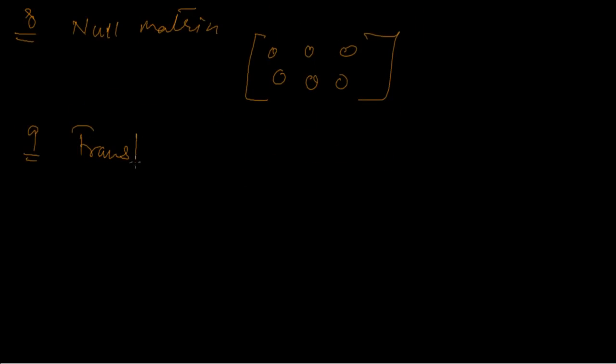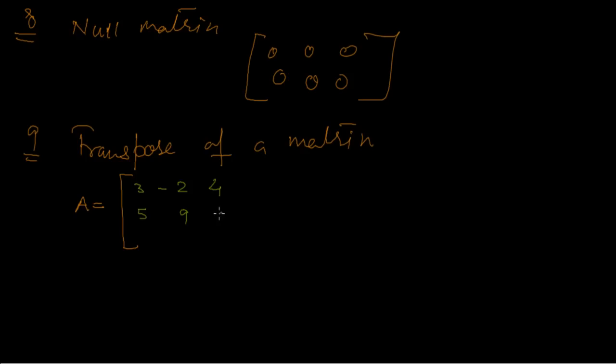Transpose of a matrix: if we have a matrix, I explain one example here. If we have a matrix 3 minus 2 4, 5 9 0, 4 1 3, we have this matrix.